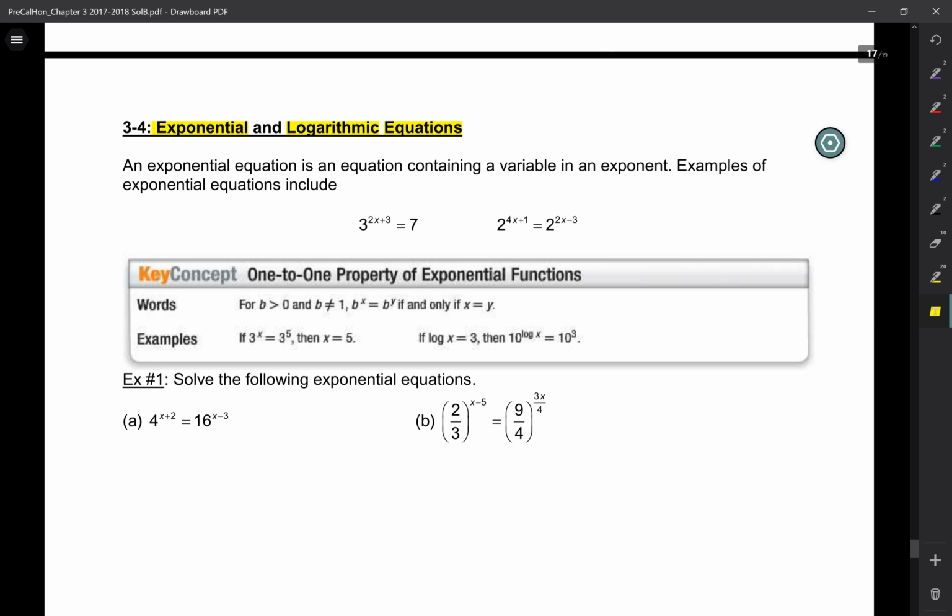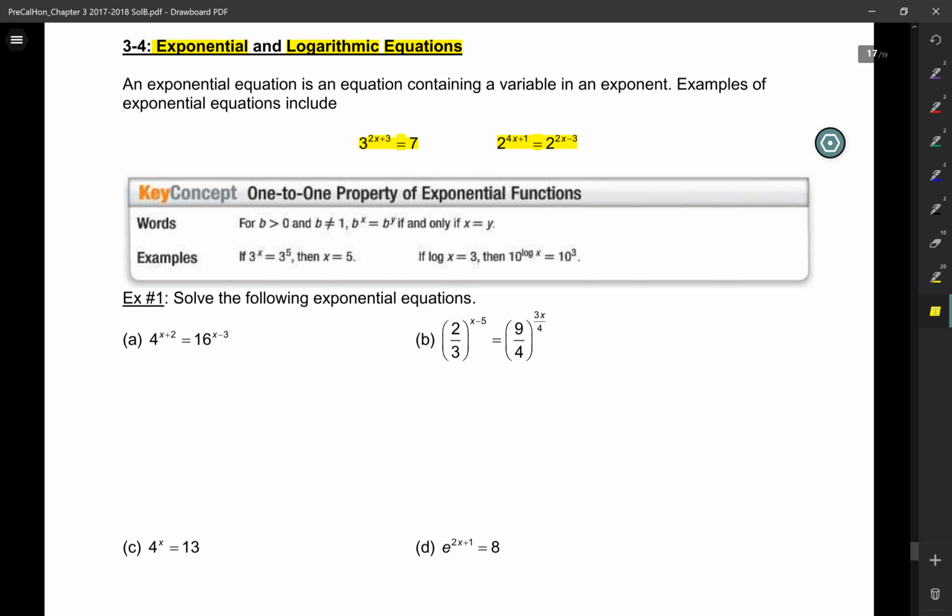One or two sample exponential equations are these two here. Notice the difference. In the one case, you've got one base, one power raised to a constant. In the other case, you have two powers equal to each other.